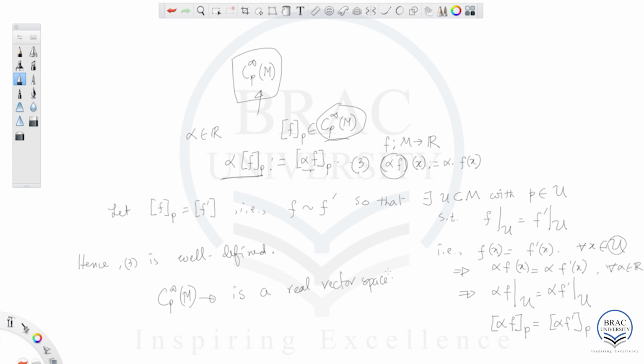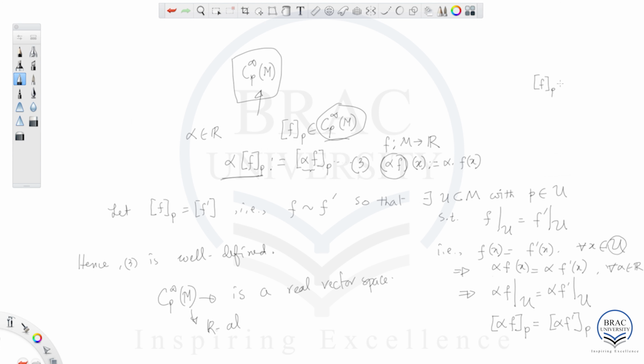Okay, but in fact we can tell more. We can put more structure on this real vector space to make it a real algebra, or an R algebra, because it also has multiplication of vectors, right?